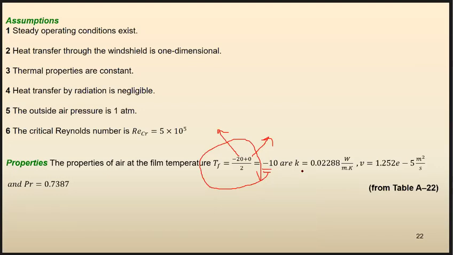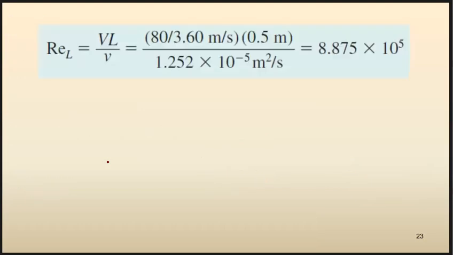At this -10 degrees Celsius, from table A-22, you read these values: conductivity of the air, kinematic viscosity of the air, and the Prandtl number. Why Prandtl number? Because we need it to calculate the Nusselt number. So first we need to calculate the Reynolds number. What is Reynolds number?